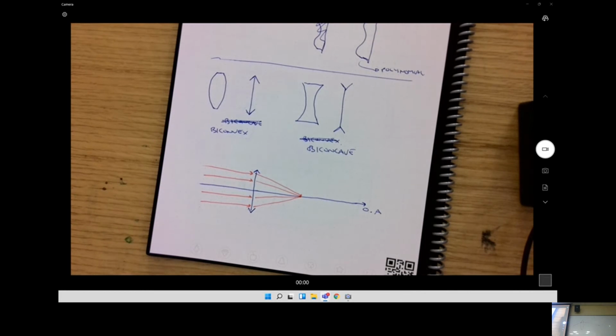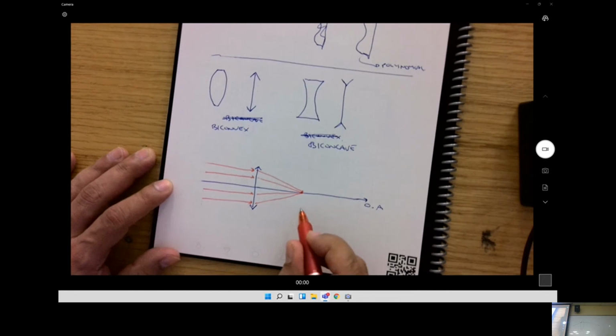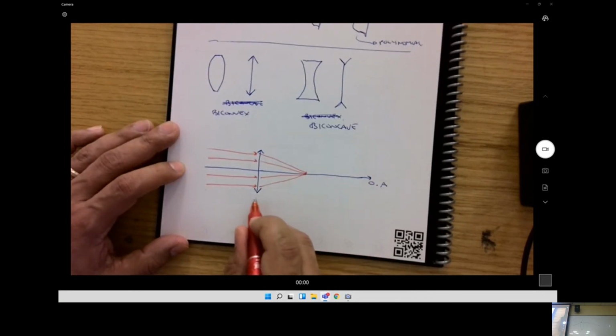When all the rays are converging in a single point, we say that that light is being focused. And the distance from the lens to the focus point, this distance, is the focal length.